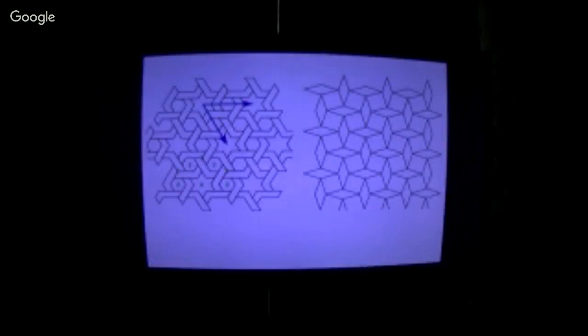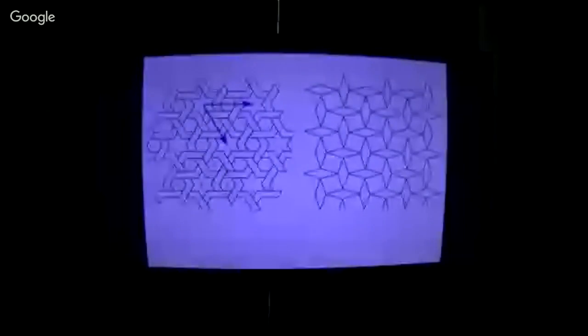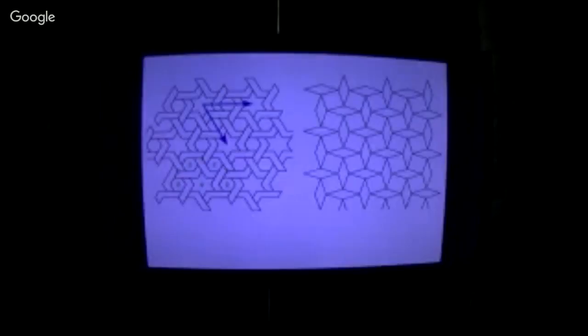So, after identifying the translational vectors, like the hexagonal shape, the star, you can follow the repetition of the star, and you can, in blue, show the two translational axes, and you can measure it's 60 degrees between them.